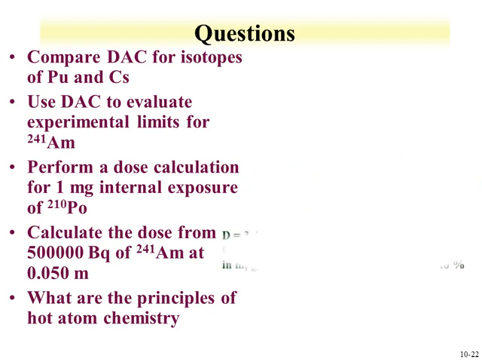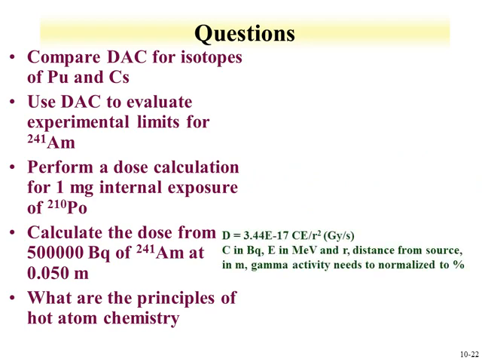You can also do an equation where, for instance, you calculate the dose from so many becquerels of americium-241 at a given distance. Here, one would just take this equation where the activity C is in becquerel, the energy is in MeV, so you need to get the gamma energy of americium in MeV. It's about 60 keV, so you need to convert that. R is in meters, and the data is shown here in meters, so divided by R squared.